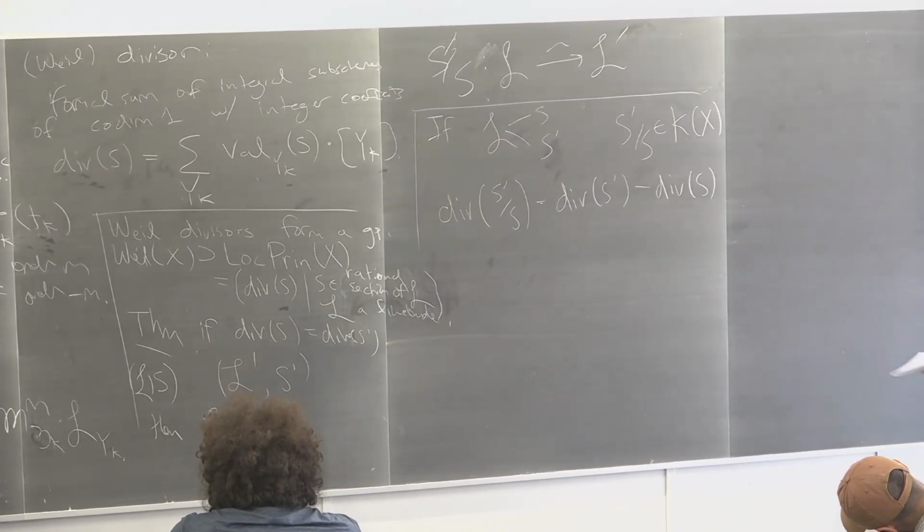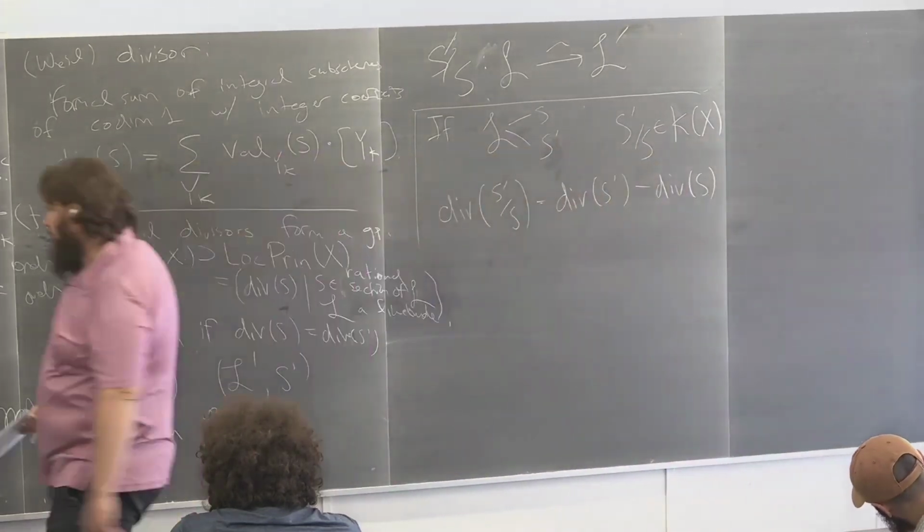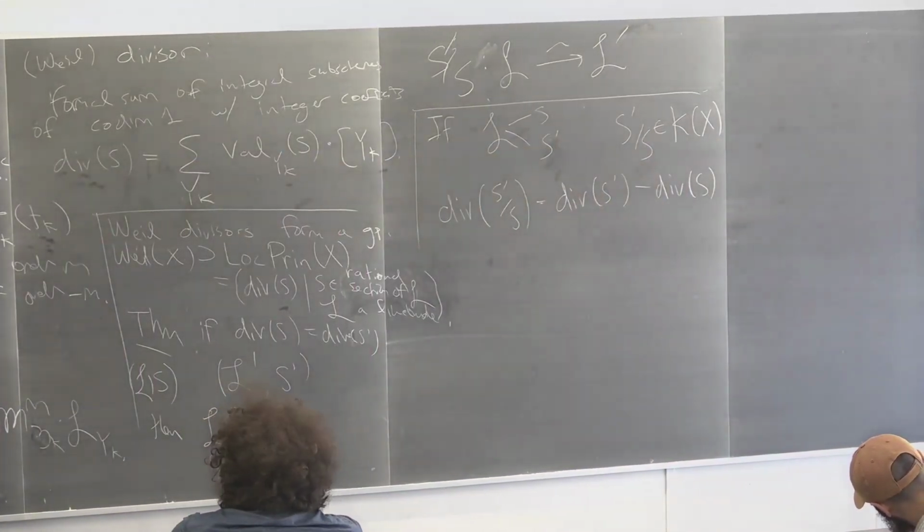This is just because your level of zero and pole adds when you multiply two things.